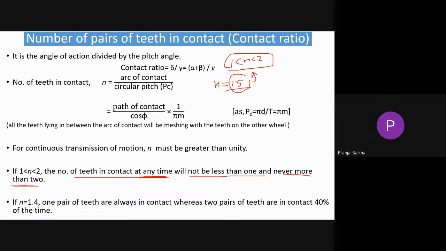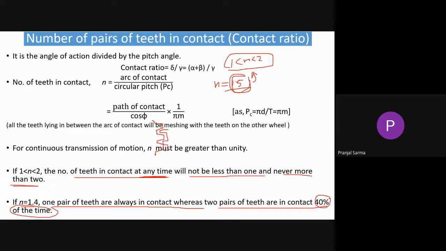Now if we have any value in between, let's consider 1.4, 1.5, whatever. What does it mean? It means that one pair of teeth is always in contact, whereas two pairs of teeth are in contact for 40% of the time. Because the teeth are discrete, like 1, 2, 3, 4, there are no fractional values.